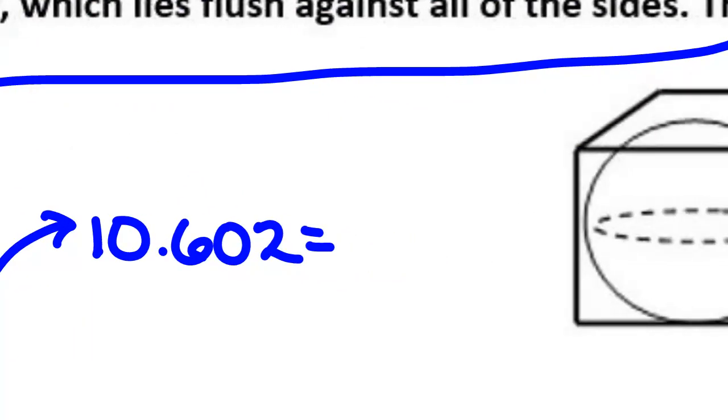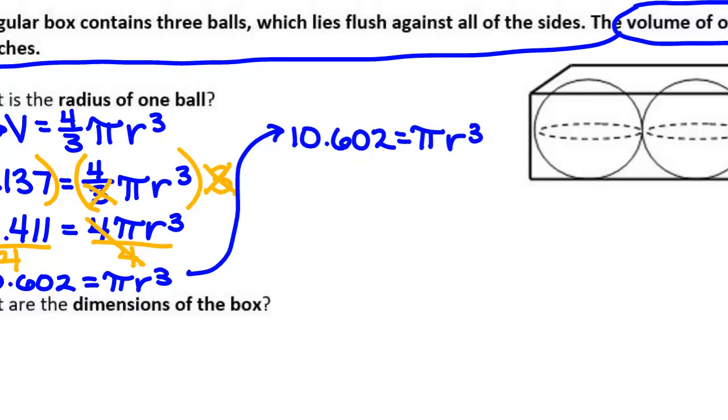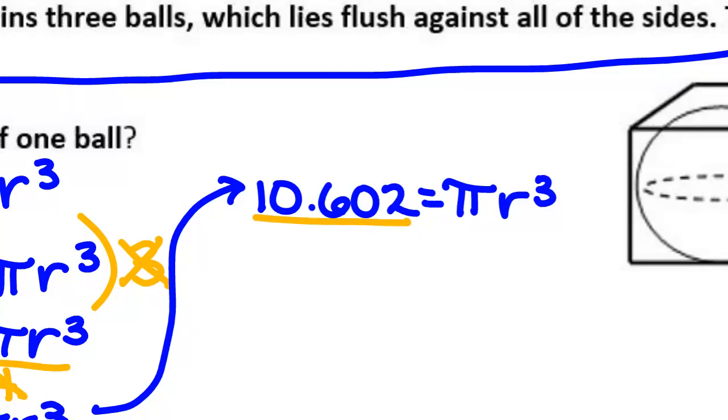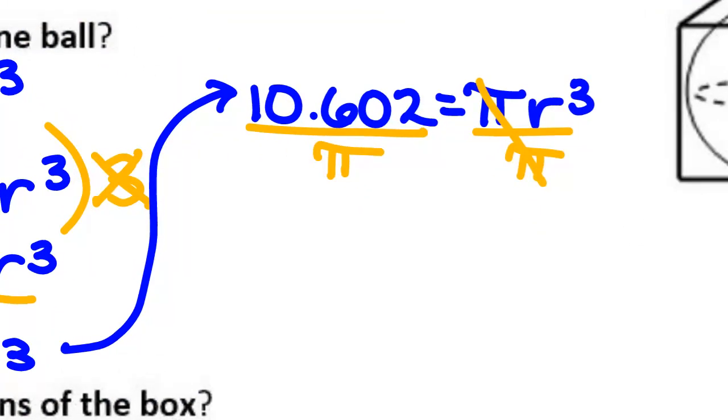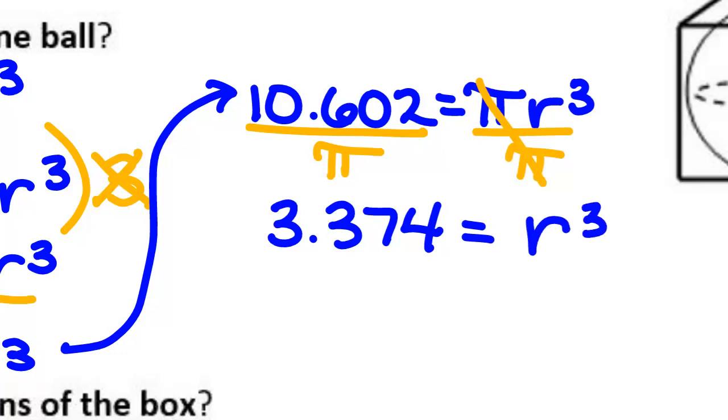What now? Divide both sides by pi. What is 10.602 divided by pi? 3.374 is equal to r cubed.